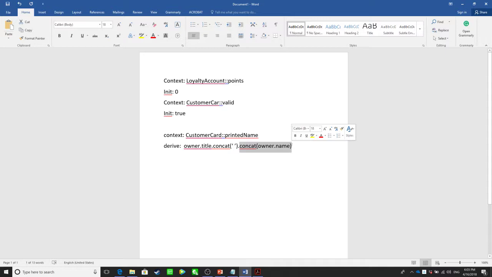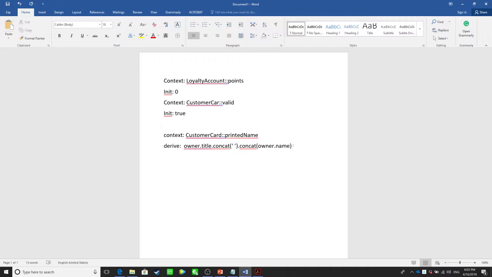So like Mr. space Chao, something like that. Alright, so that's how we specify this derived value. Any question on this part before I proceed to next? If you have a question, feel free to ask.